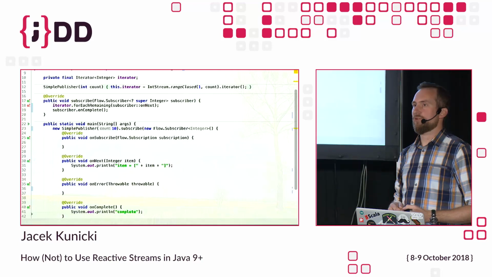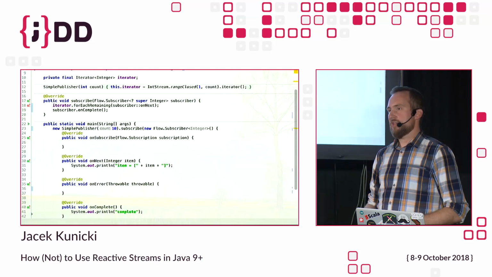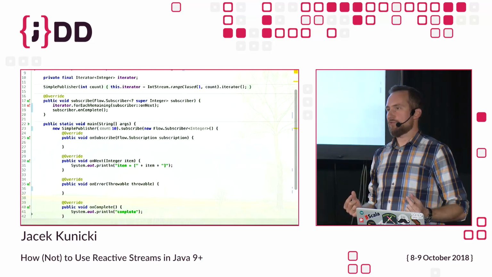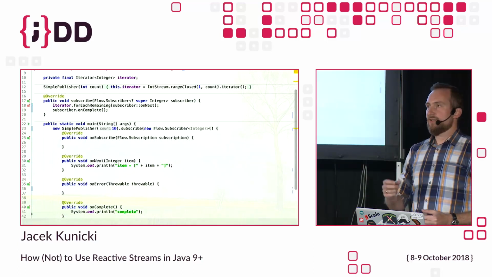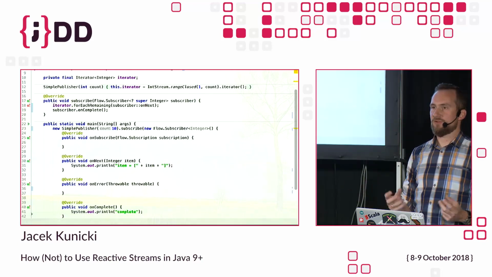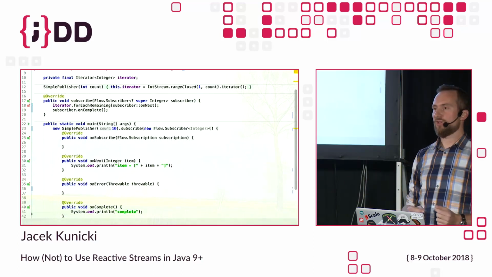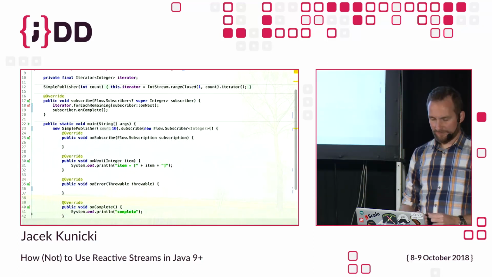To prove it, we are going to use something that is called a Reactive Streams TCK, or Technology Compatibility Kit, which is basically a number of tests that you can run against your implementation of the Reactive Streams components. And what the TCK checks is how your components are going to interact with other proper Reactive Streams implementations. So whether they are going to behave correctly in terms of all the signaling, in terms of backpressure.